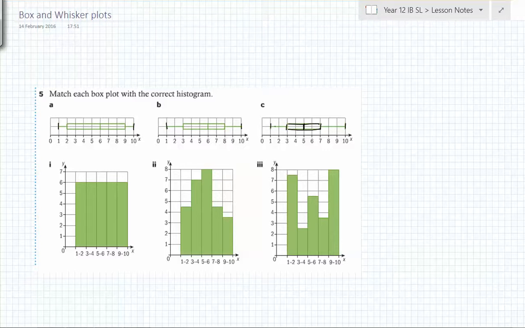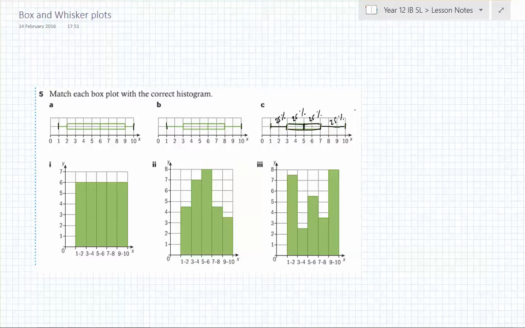So you notice how 25% of your data is between 1 and 3, 25% of your data is between 3 and 4, 25% of your data is between 5 and 7, and then the only one that's slightly different is the 25% of your data between 7 and 10, which is slightly more spread out. So we would be looking for data that is quite evenly spread there.